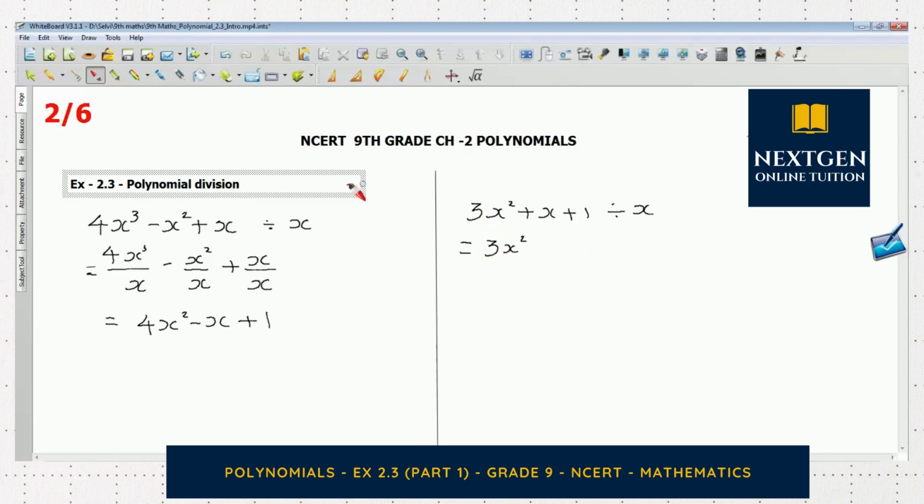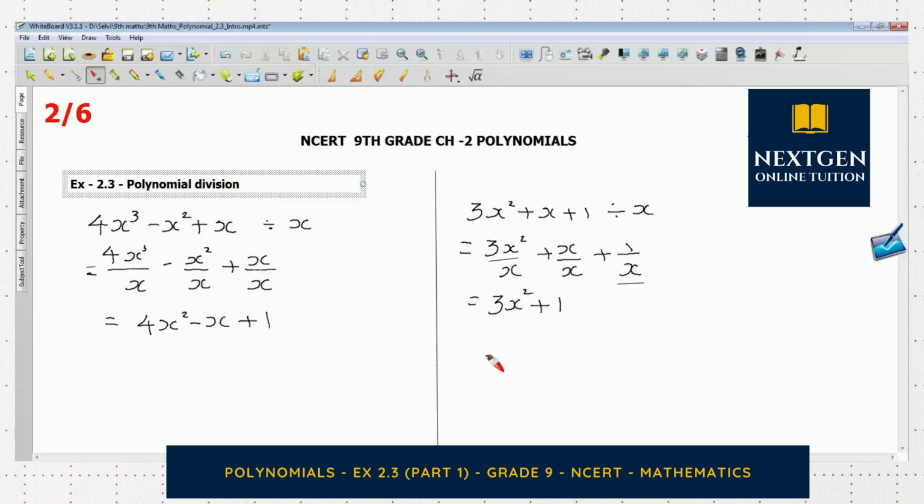Dividing each and every term by the single term, 3x square plus 1. This term cannot be divided because 1 by x we can't predict the value.